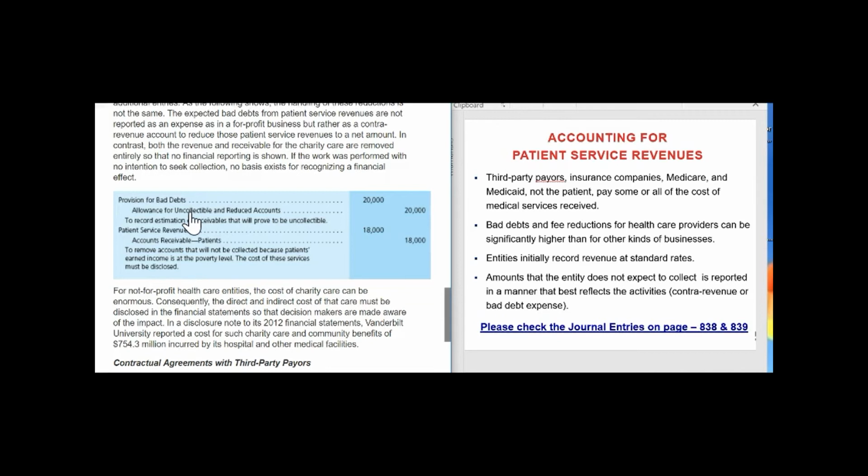How do they actually do it? They do a contra revenue account. So they will debit the revenue account, which is very unusual, but they will do it. They will debit patient service revenues 18,000, and then, since it's a write-off, they will reduce that amount from their accounts receivable. So they're going to credit accounts receivable.